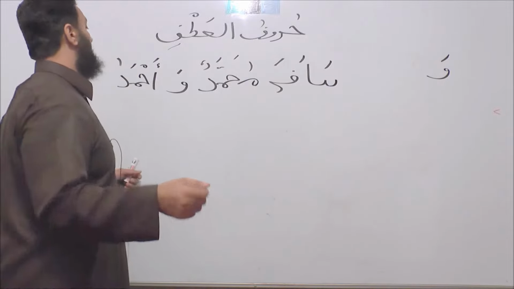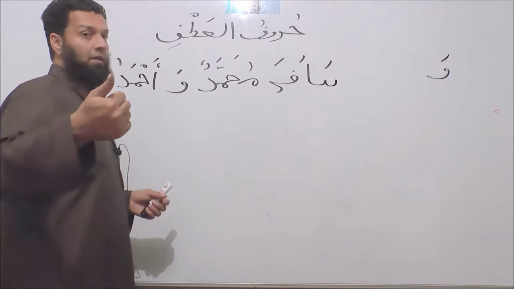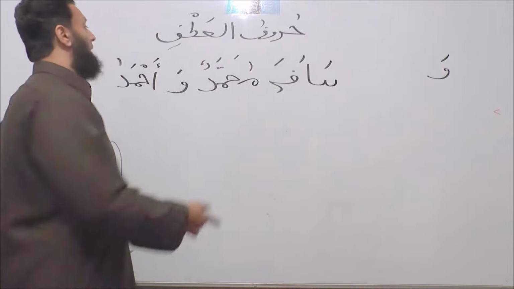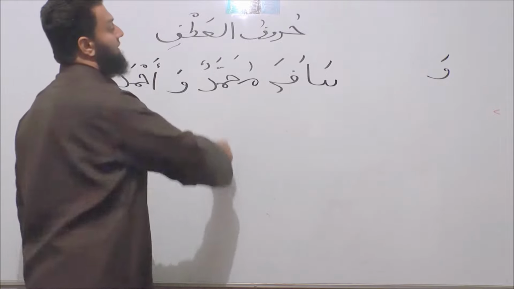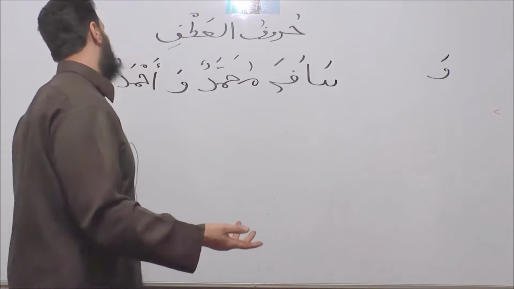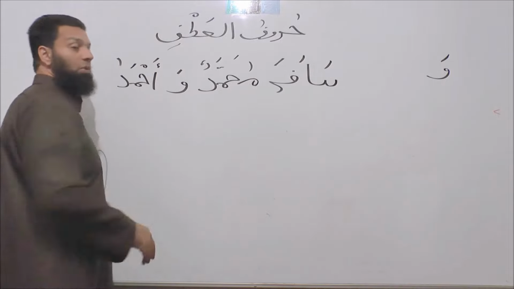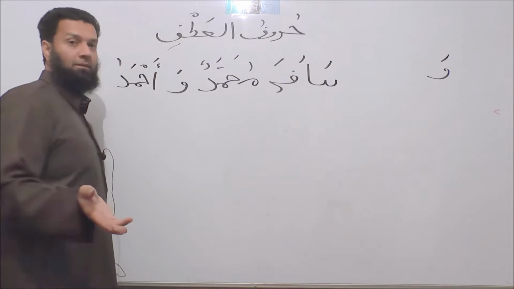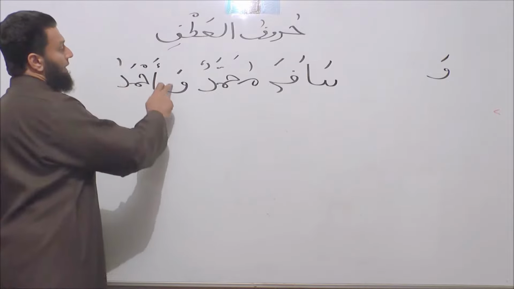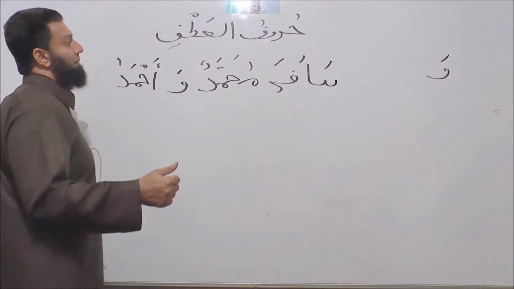Right? So that's the first, the i'rab. The second is in relation to its function, the hukm. Muhammadun here is the fa'ilun. So Ahmed is also the one who did the action. Right? So the waw is our first example of huruf al-atf.